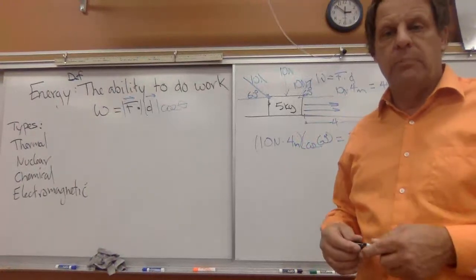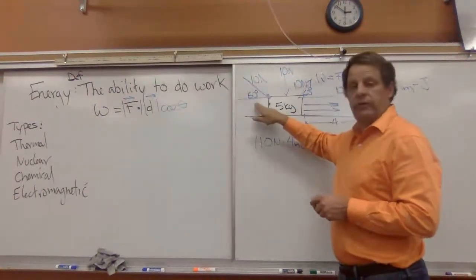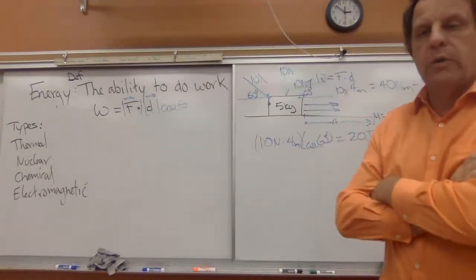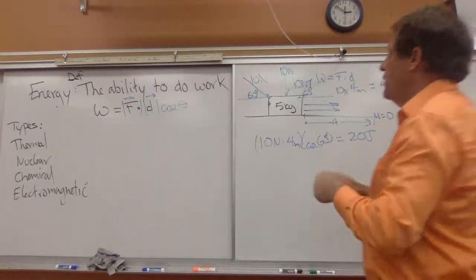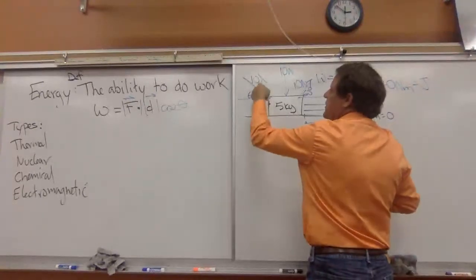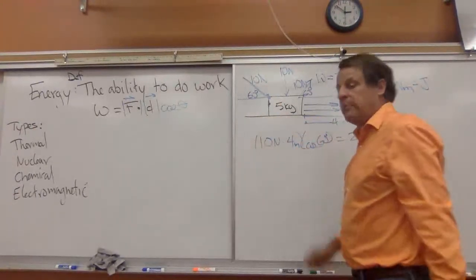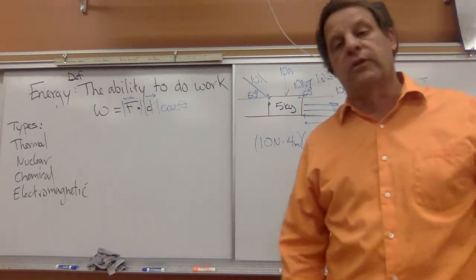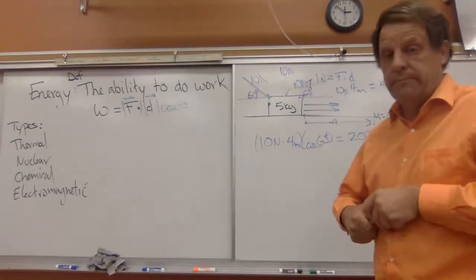Well, this 10 right here is our hypotenuse, and we want this side. That would be the adjacent, and that gives us cosine.